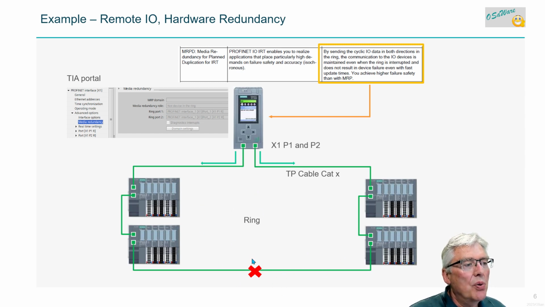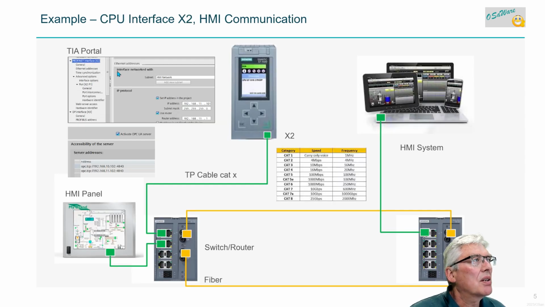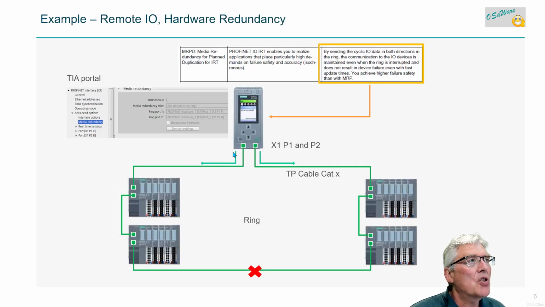So if you have some kind of failure here or here or wherever, this interface communicates with these devices and this with these devices. So it's hardware redundancy. Now that's interface 1. Here we looked at interface 2 for HMI communication.